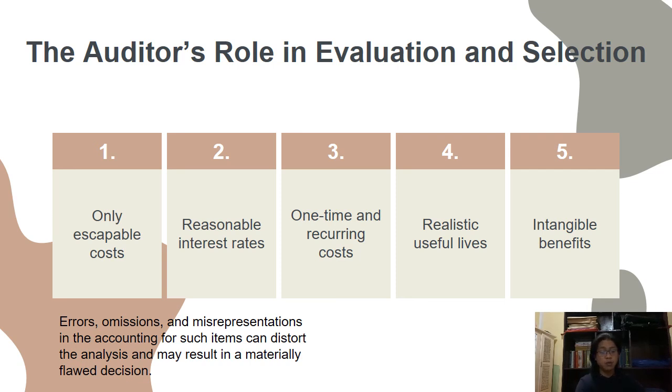Second, reasonable interest rates are used in measuring present values of cash flows. Third, one-time and recurring costs are completely and accurately reported. Fourth, realistic useful lives are used in comparing competing projects. And lastly, intangible benefits are assigned reasonable financial values.